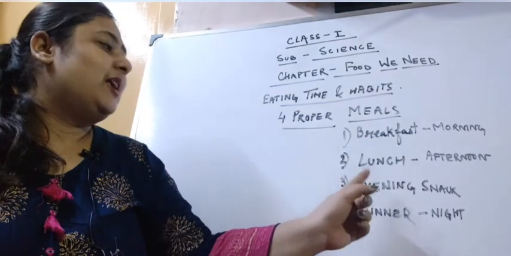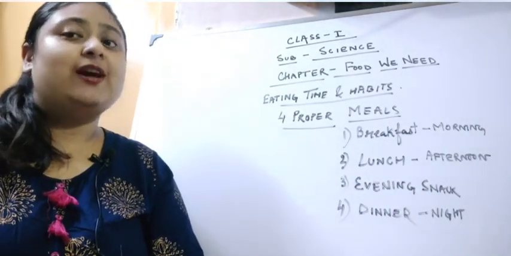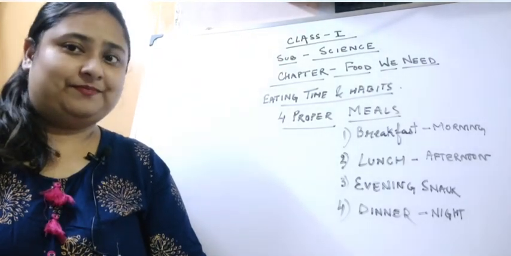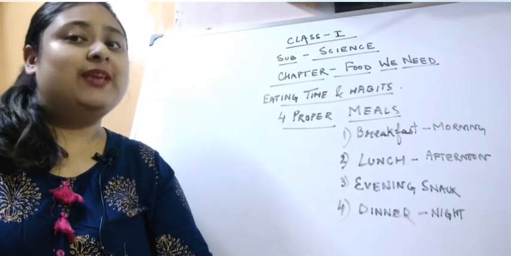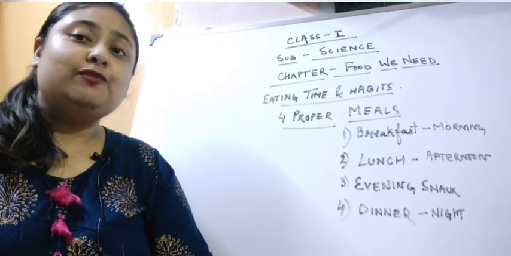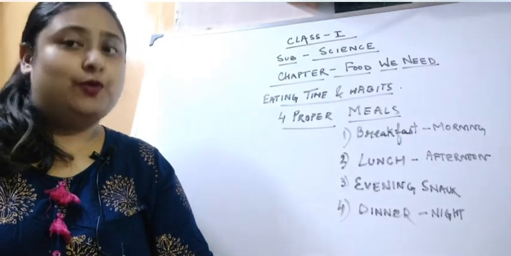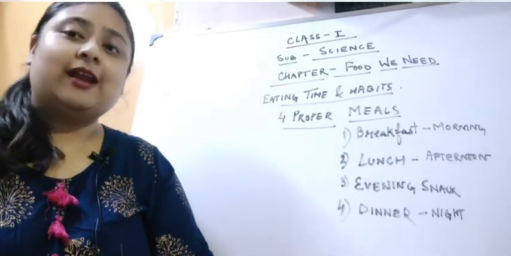Next, evening snacks. Children, always have a light evening snack which is less oily in nature. Next, dinner. We can have dinner at night. So what do we have in dinner, children? We have rotis, chapatis, or sometimes pulses and rice also.